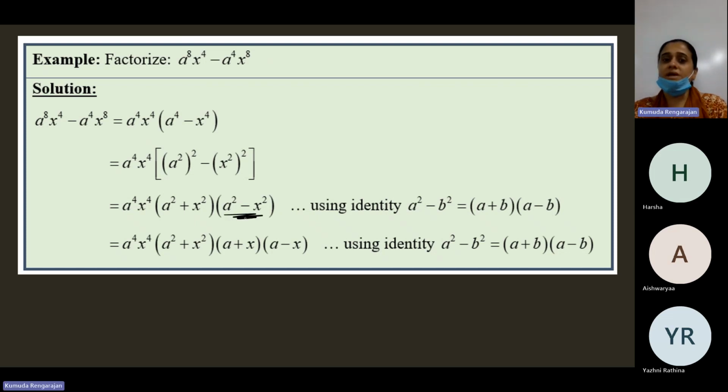This is further a square minus x square, which is further a plus x into a minus x, right?